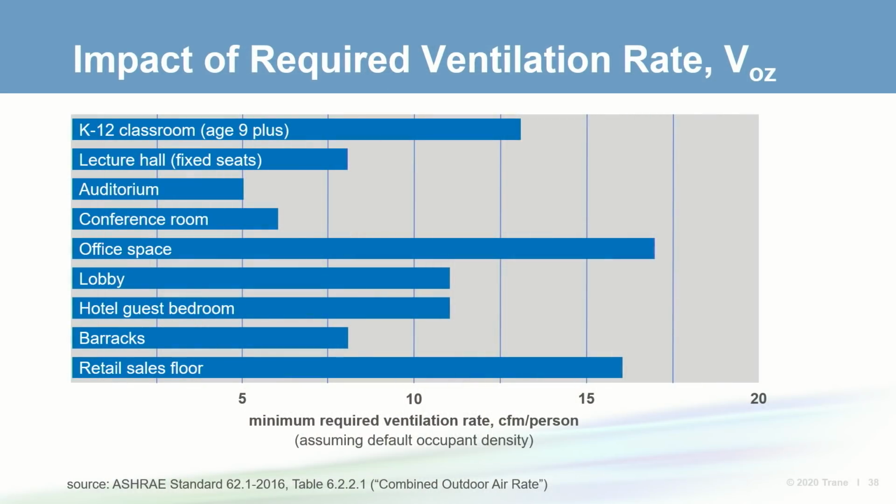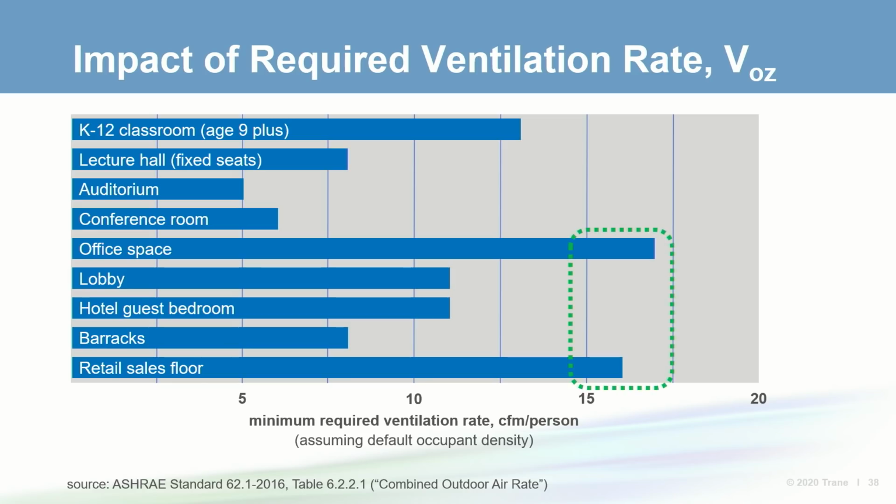Now moving on to the second variable in the latent load equation, that's the CFM of outdoor air required. In most cases, the dedicated outdoor system is sized to deliver just the minimum quantity of outdoor air required by the building code or ASHRAE Standard 62.1. This chart shows how much the minimum ventilation rate varies from space type to space type.